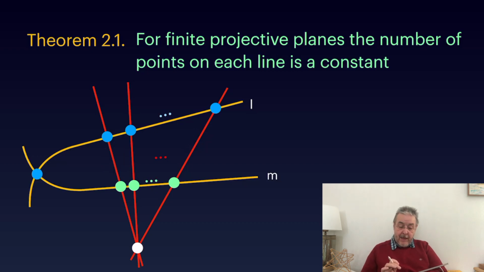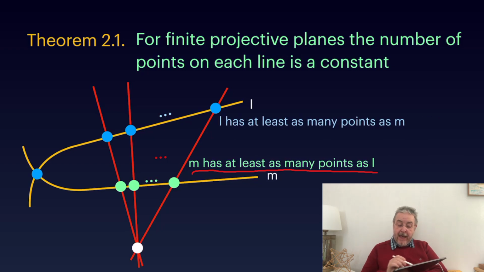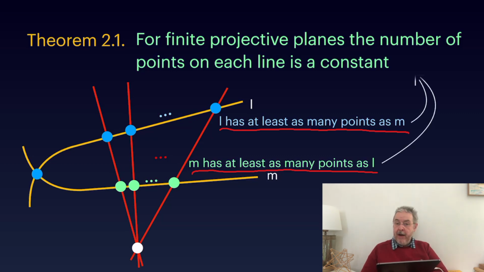This implies that M has at least as many points as L. We can reverse this argument and in the same way argue that L has at least as many points as M, and this means both have the same number of points. And so these two statements together imply our statement up there. And so the number of points on a line in a finite projective plane is a constant.